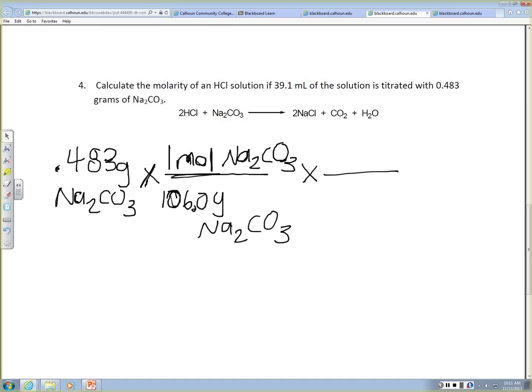So we have our moles of sodium carbonate. What's going to be our next step? We have to get our mole-to-mole ratio, right? That's the only way we have a relationship between the acid and the base. We have 1 mole of sodium carbonate in the balanced equation, so it's going to go in the denominator.